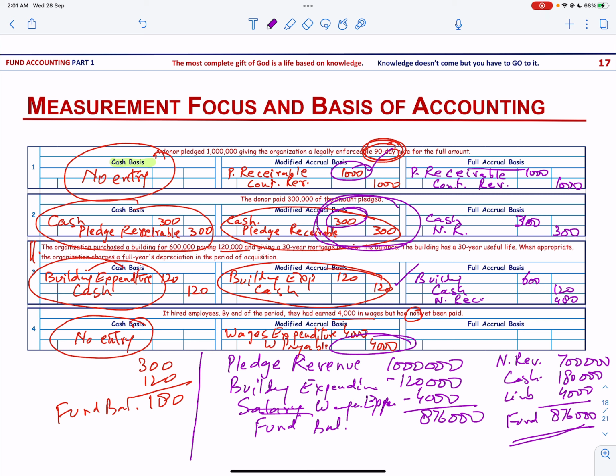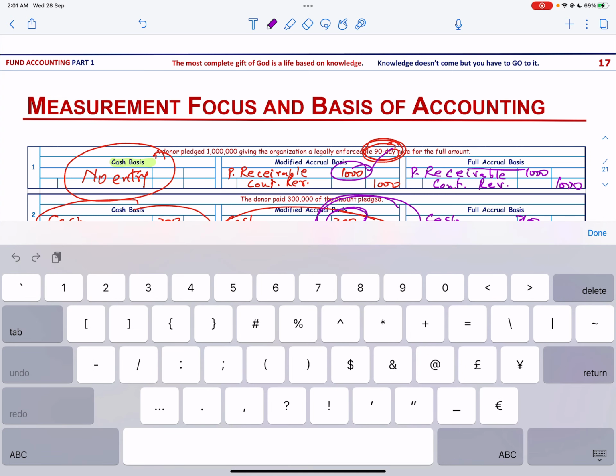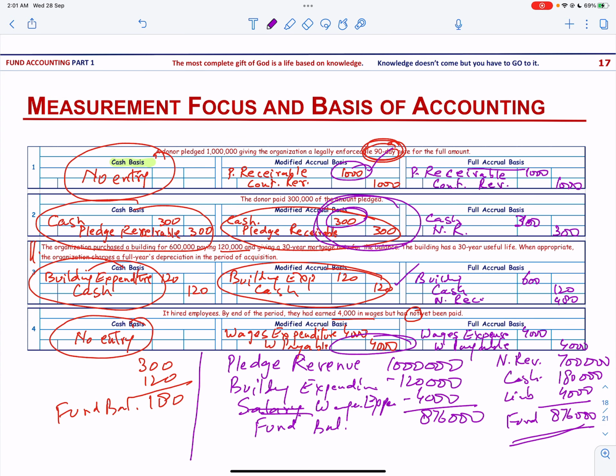In the last, the salary has not been paid, so this is now wages expense and not expenditure, 4,000, and wages payable is credited by 4,000. So in case of governmental fund statements, we are going to use modified accrual, while for others, that is government-wide financial statements, proprietary fund statements, and fiduciary fund statements, we will use accrual basis of accounting.